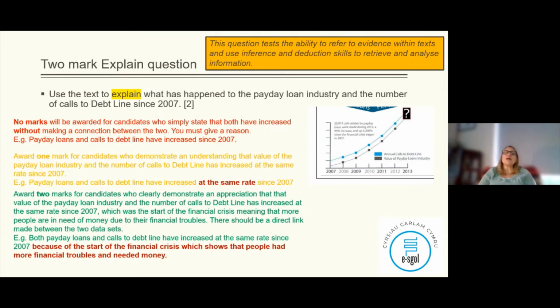For a 2 mark question, though, you might not necessarily have to use a quotation from the text. You're just looking at the information that's there. When we move on to the 5 mark question, you definitely need to use evidence. But this is just trying to explain the correlation between the two data sets. Okay, excellent. So we'll move on to the next one.